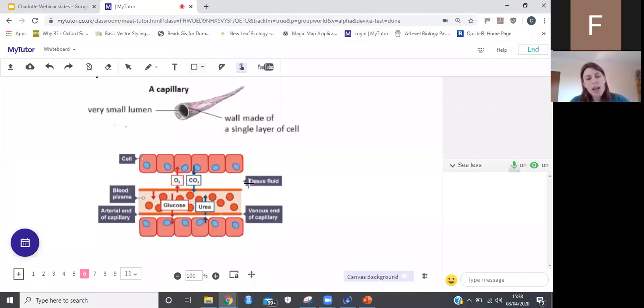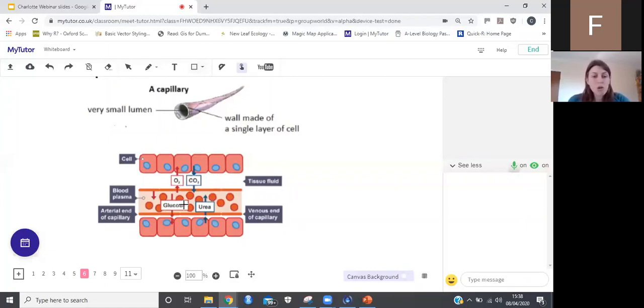We've also got a layer here of tissue fluid, which provides a kind of medium for a lot of the dissolving and some of the gas exchange there as well. So you can see here that oxygen is moving out of the blood and into the cells to be used in respiration. And in turn, we've got waste products, CO2, that's moving out of the cells and back to the blood vessel here into the capillary.